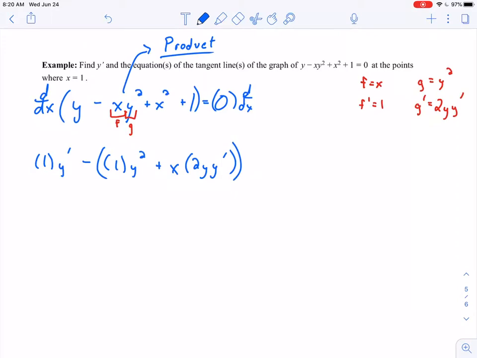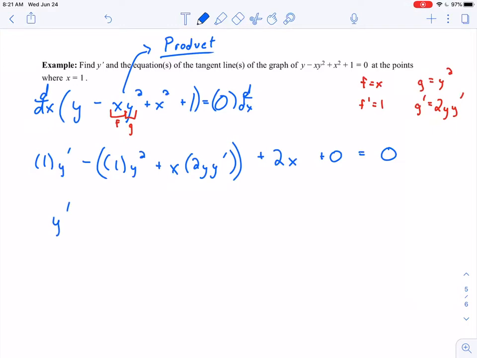All right, derivative of x squared, that's going to be plus 2x. Derivative of 1, that's a constant, so that'll be plus 0 is equal to derivative of 0 on the other side, which is also just 0. So let's just clean this up a little bit here. I've got y prime.